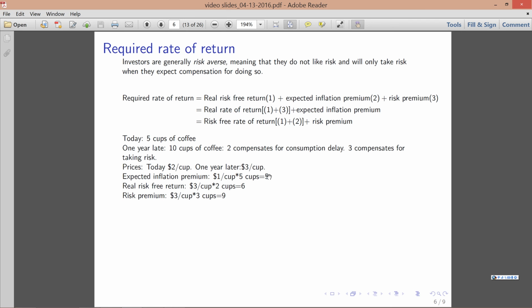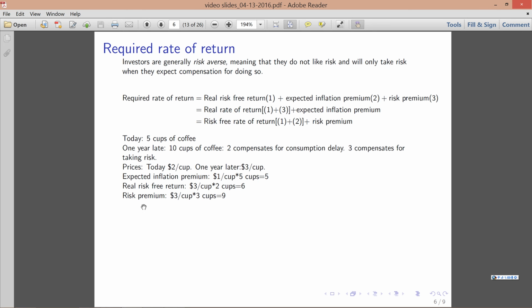We have to have at least $5 more to get the same amount of coffee tomorrow. So that compensates for inflation. Real risk-free rate of return: we want 2 cups of coffee as the compensation for patience. So the 2 cups times $3 a cup 1 year later, we want $6 additional to cover our consumption delay.